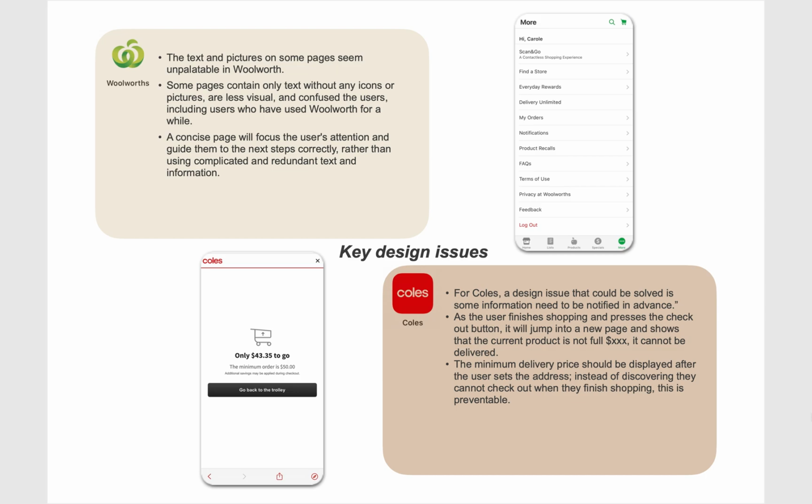The last point is about key design issues. One of the critical design issues is that Woolworths text and pictures on some pages seem unbalanced. Some pages contain only text without any icons or pictures, are less visual and confuse the users, including users who have used this app for a while.